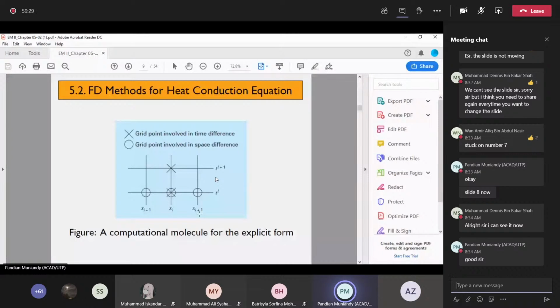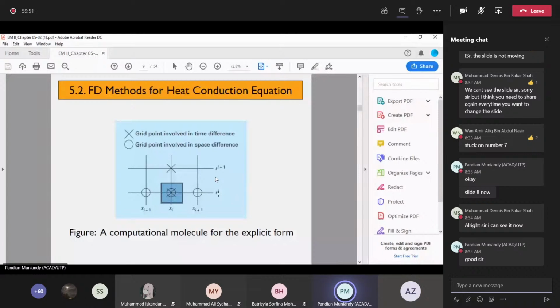The intersection of the cross and circle is at x i, the current one, and t L. From there, we move on to t L plus 1, the next one. So this is the grid point diagram.